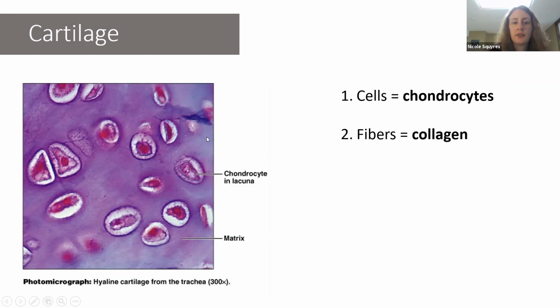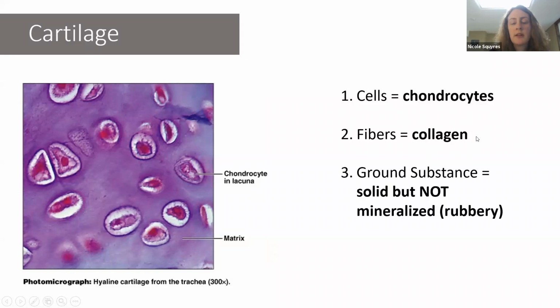And the cartilage cells are going to help build the matrix of cartilage, which again is going to consist of two things. One is fibers, and these are also collagen, but it has a lot more collagen in it than bone does, which is what makes cartilage more flexible than bone. And then third, the ground substance.